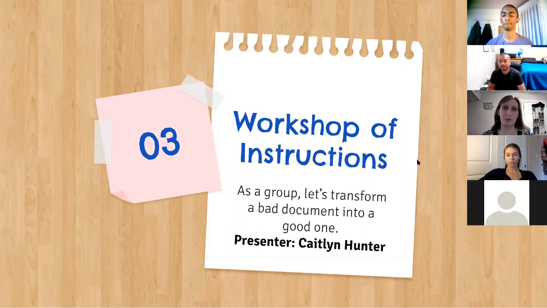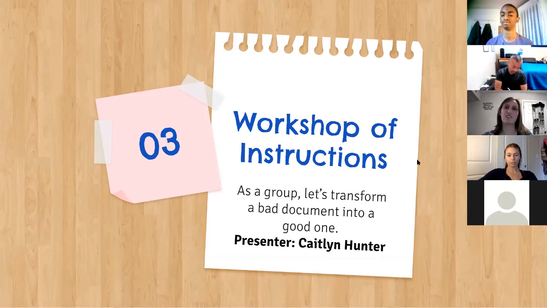So we're going to try to apply some of the things we've learned and see what you've retained, by taking the really bad example of the PBJ instructions, and we want you all to suggest what you think could make them better, because half the time a tech writer's job isn't writing from scratch, it's editing what's already there.